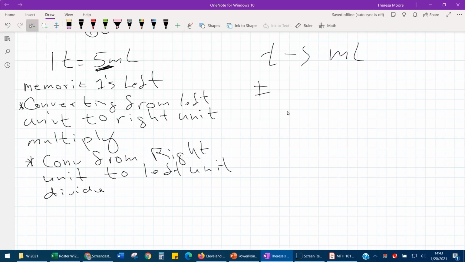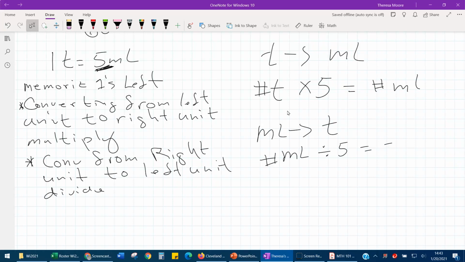I'm going to take my number of teaspoons, multiply by 5, and that's going to give me my number of milliliters. If I'm converting from milliliters to teaspoons, I'm going to take my number of milliliters, divide by 5, and that's going to give me my number of teaspoons.